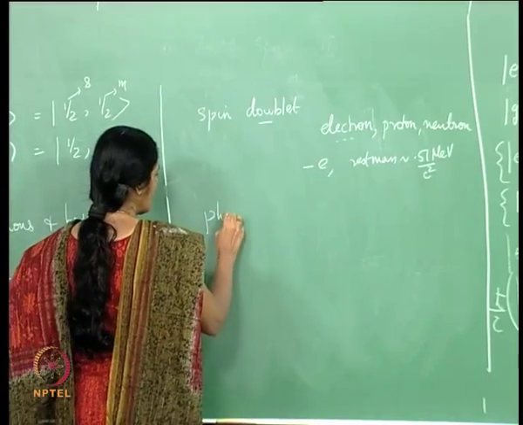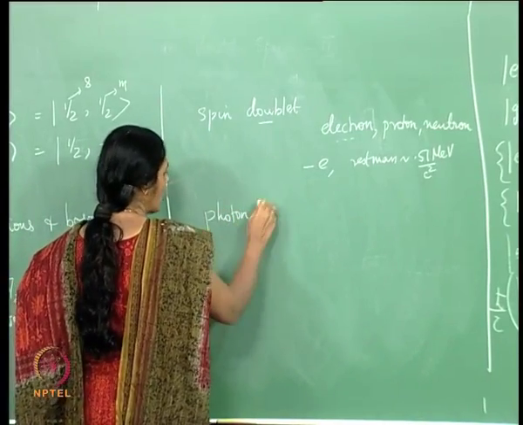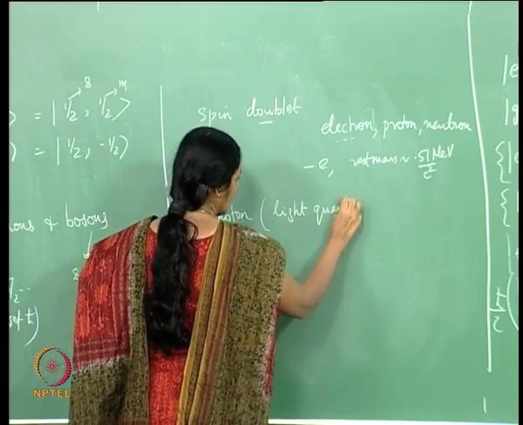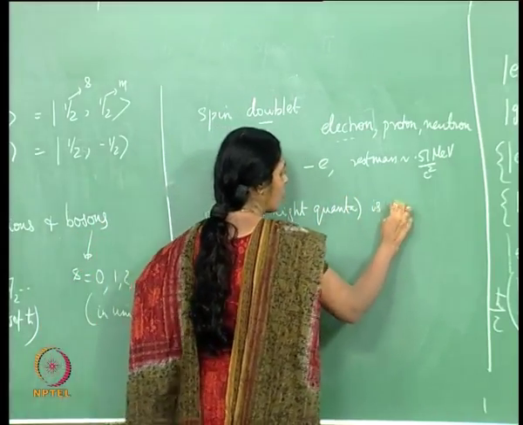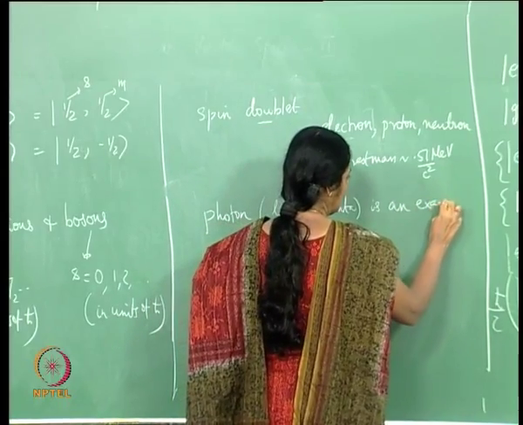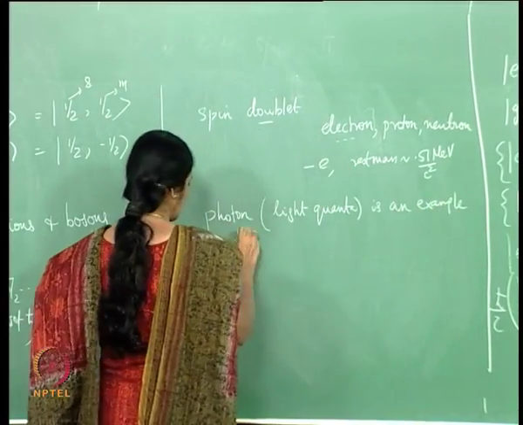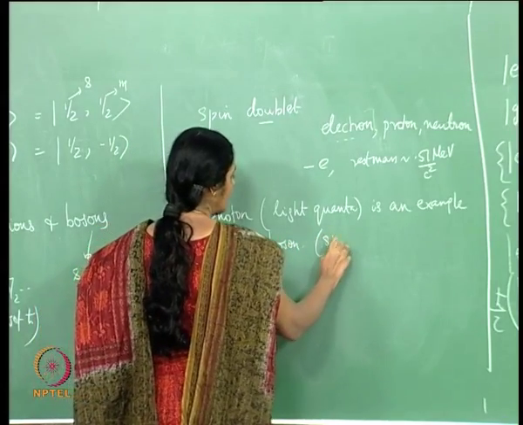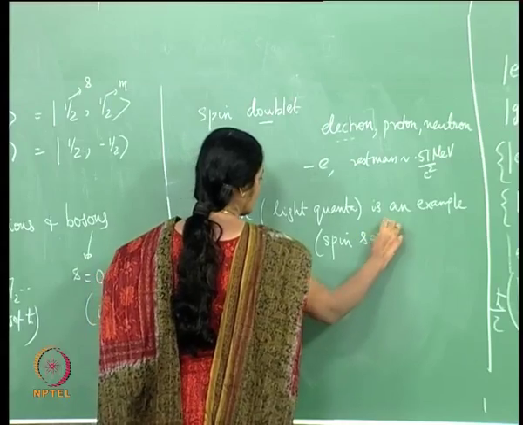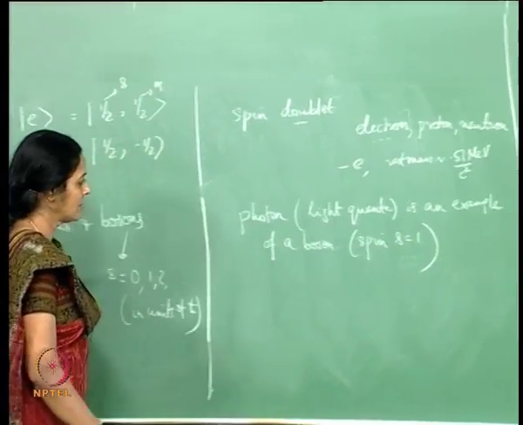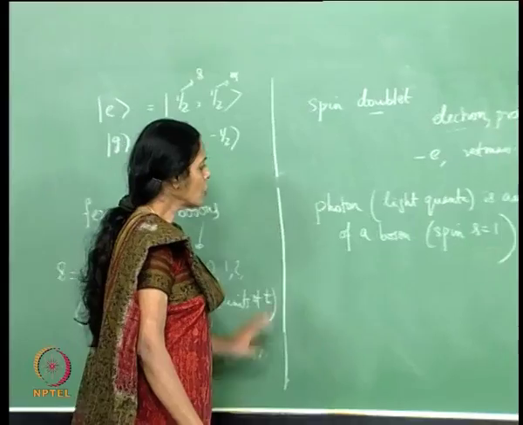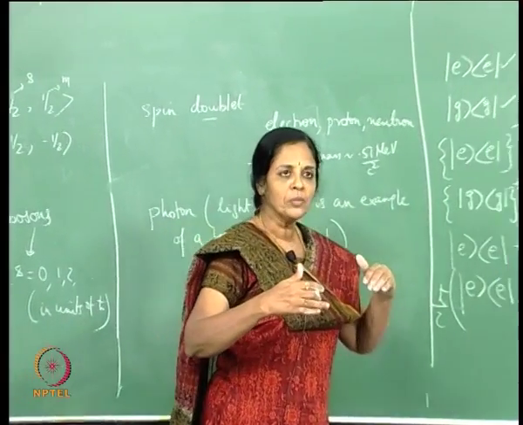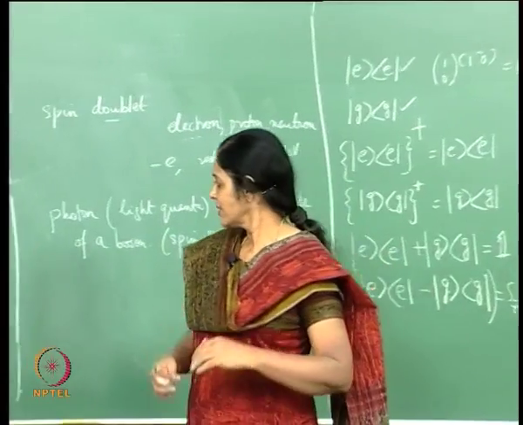An example of a boson is the photon. The photon is an example, that is light quanta. It is an example of a boson. And it has spin 1. So, clearly the photon will not be described in the purview of this two-dimensional linear vector space.